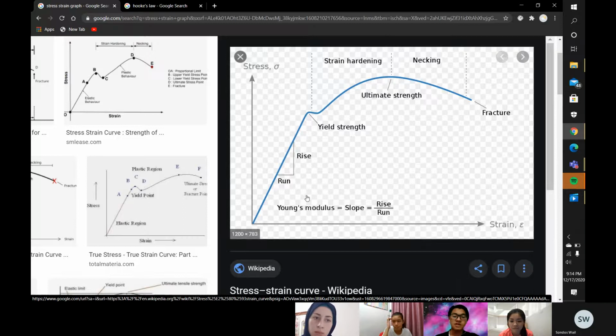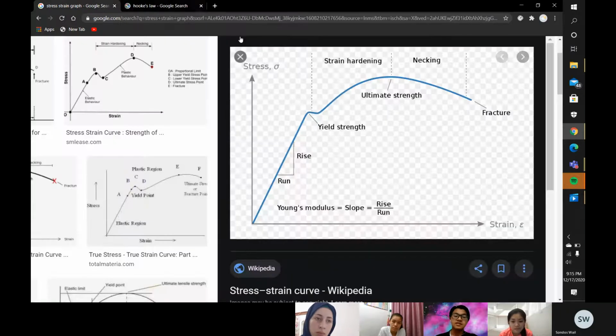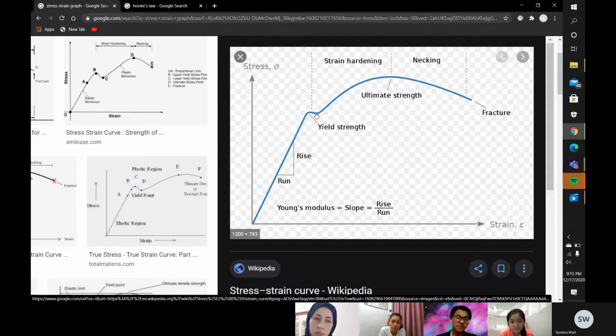So for the elastic region, the straight line obeys Hooke's law. Here is the yield strength, the bend there. This is the yield point.